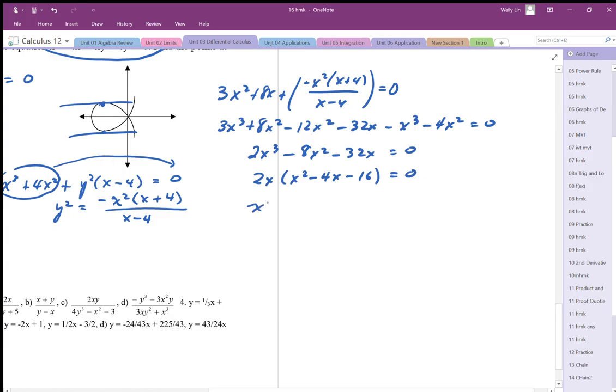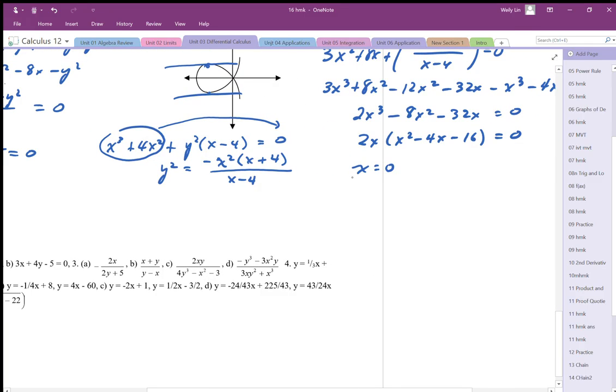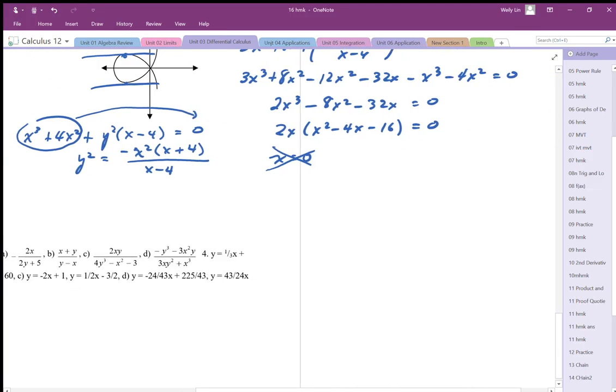So x is equal to 0 from the 2, although x cannot equal 0, because if we go back to our derivative here and plug in 0, I'm dividing by 0. So we can eliminate that as a possibility. I'm going to solve the quadratic part of this. x is equal to positive 4 plus or minus the square root of 16 minus 4ac, all over 2a.